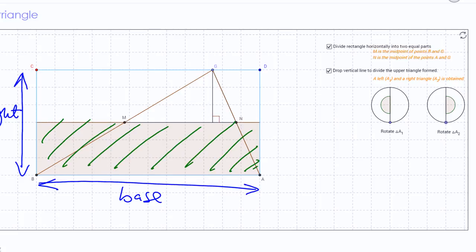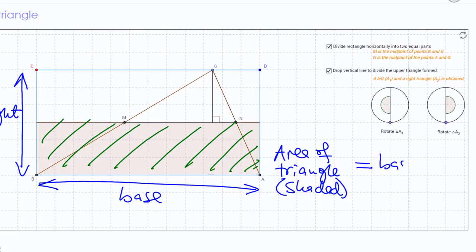So basically, the area of the triangle, which is shaded, is the base multiplied by the height divided by 2.